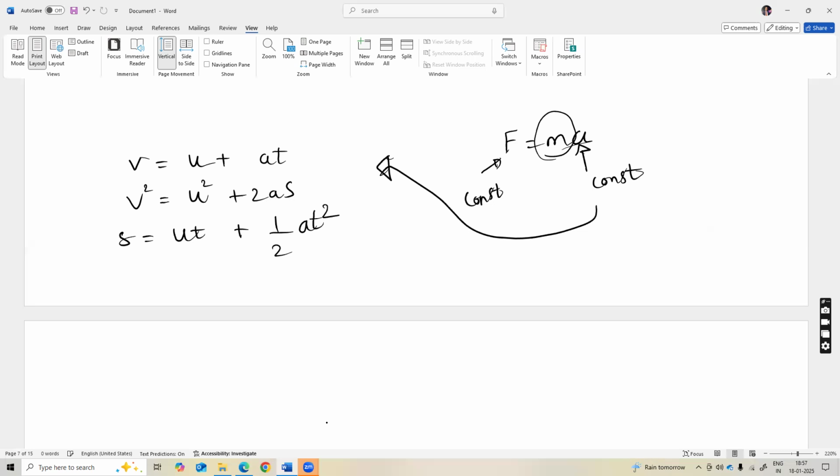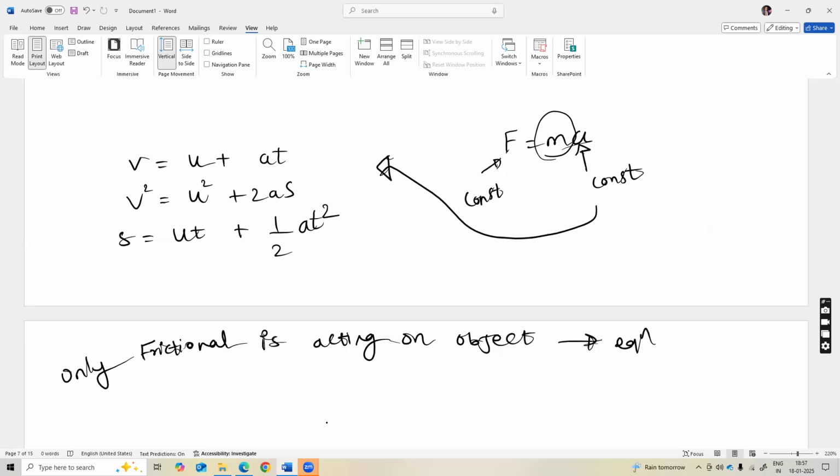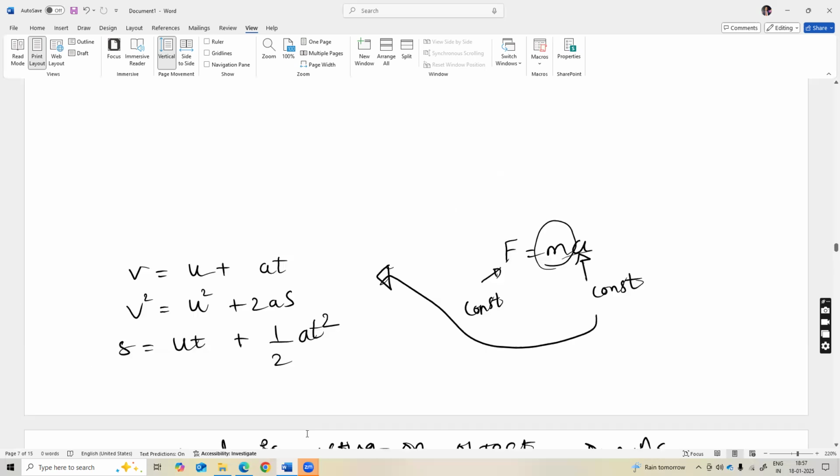So when only frictional force is acting on an object, you can use these equations for motion with constant acceleration.